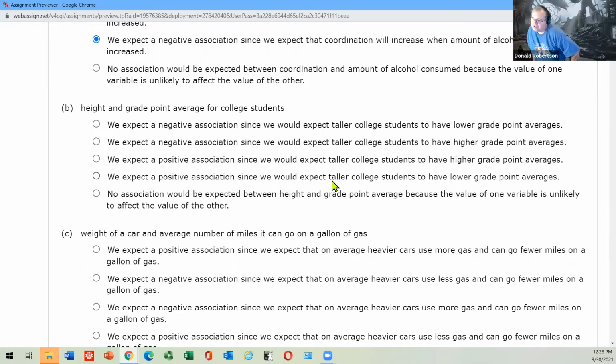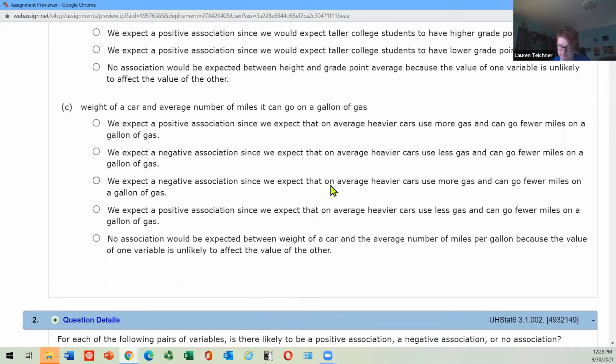Now, if you plotted that scatter plot, would you agree that tall people aren't brighter or stupider than short people? Wouldn't that data be just all over the place? And when it's all over the place, what kind of association do you have? None.